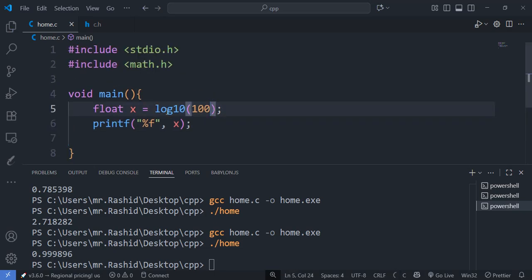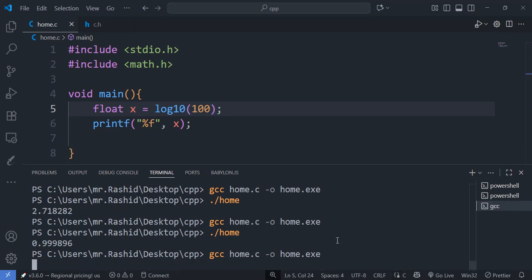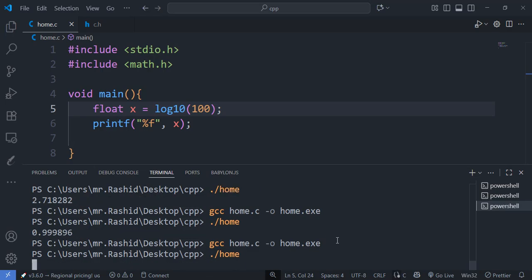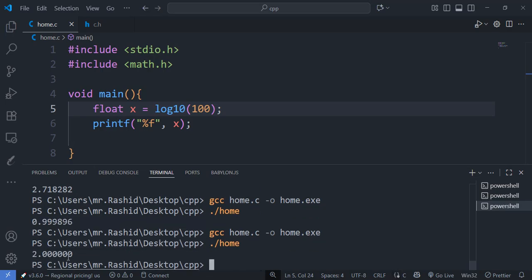So if we compile and run, we get 2. Because it is a float, we get these extra zeros, but the answer is 2.